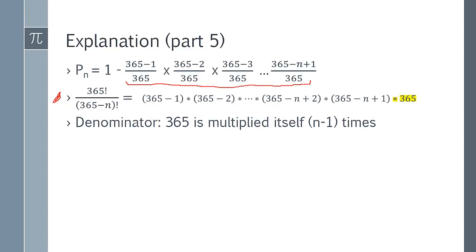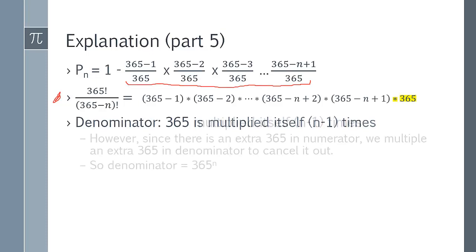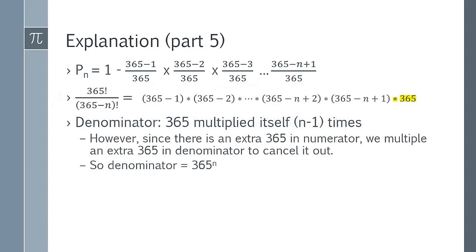Notice how 365 is multiplied by itself n minus 1 times. However, since our numerator here has an extra 365 compared to the numerator here, let's just add an extra 365 to the denominator to cancel it out. So instead of 365 to the power of n minus 1, we have 365 to the power of n.